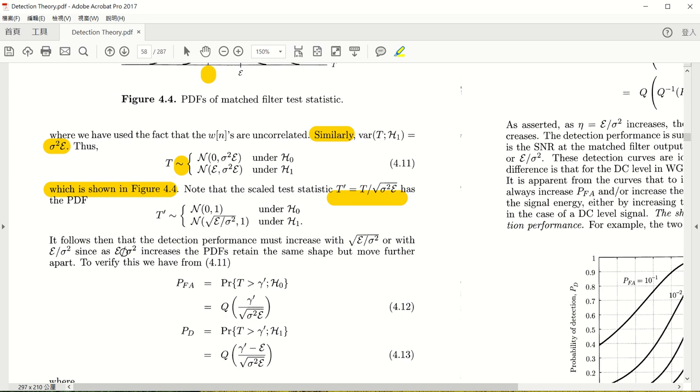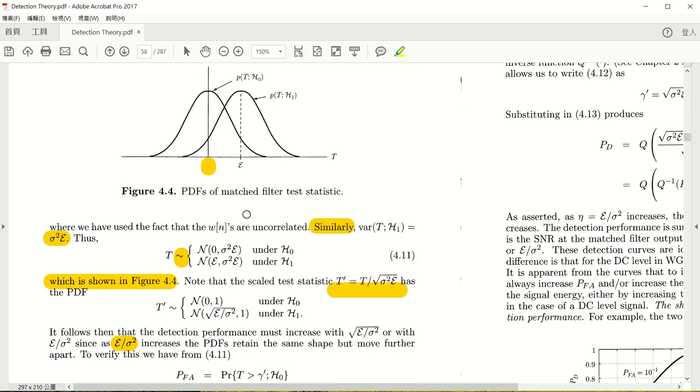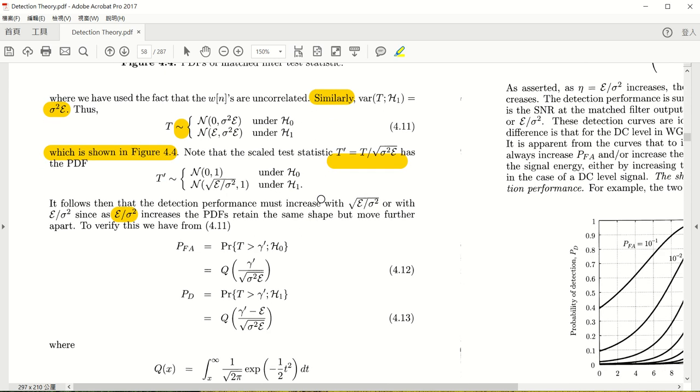You increase epsilon over sigma square. So this formulation is giving you more insights, right? Because if you make them more separated, for example, this guy goes here and this guy goes to the right hand side, then they are more separated. And once they are more separated, you have better performance for sure, right?